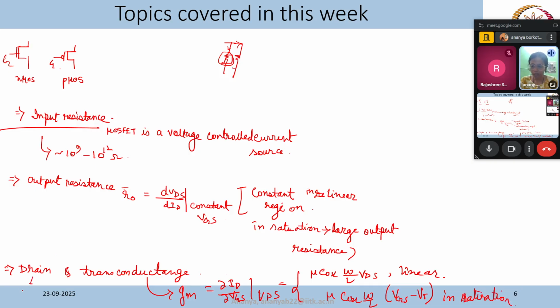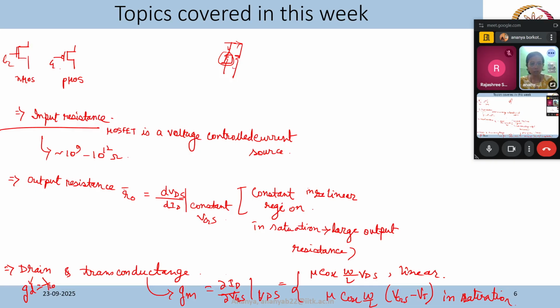Drain conductance GD is the inverse of this. So this is basically the inverse of dVDS by dId. So conductance is like the opposite of resistance. Okay.